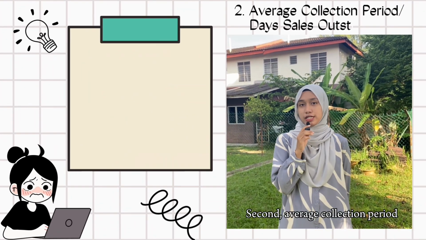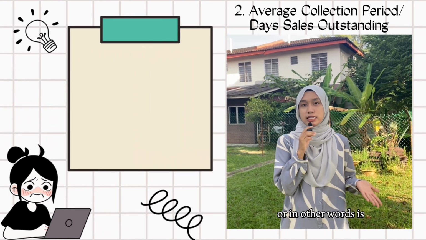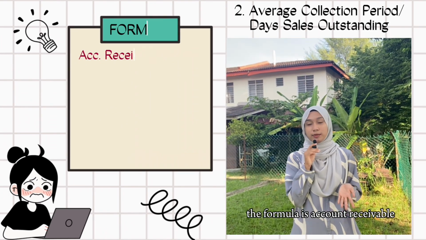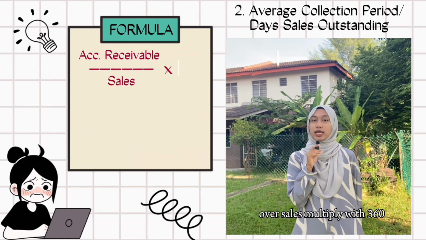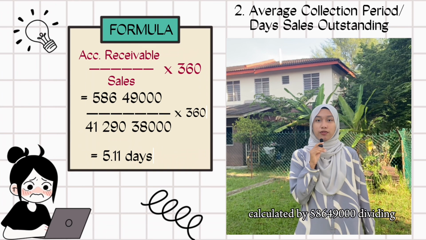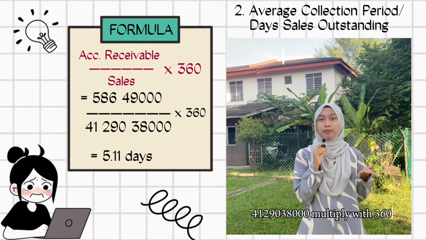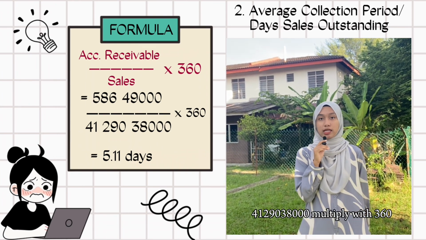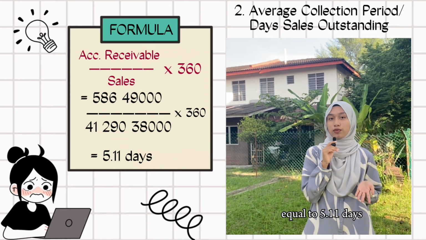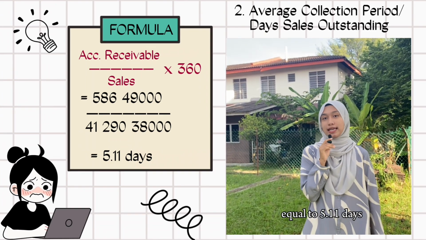Second, average collection period, or in other words, days sales outstanding. The formula is accounts receivable over sales multiplied by 360, calculated by 586,49,000 dividing 41,290,038,000 multiplied by 360, equal to 5.11 days.